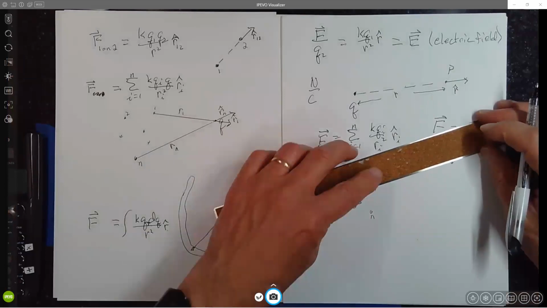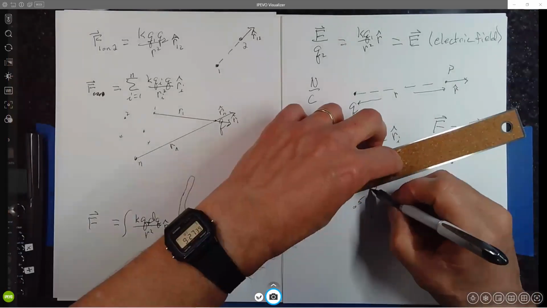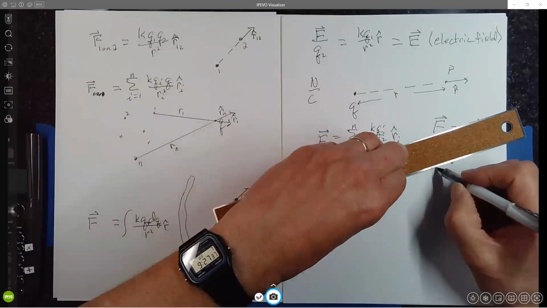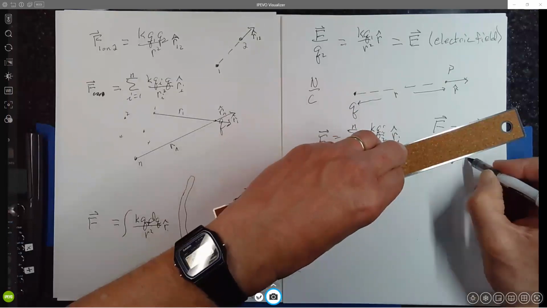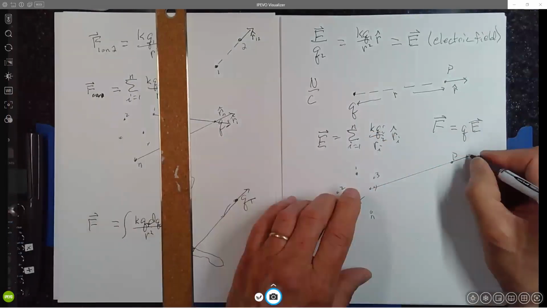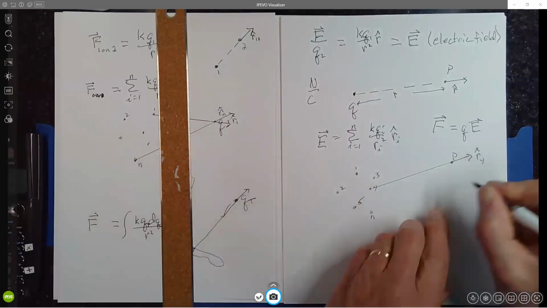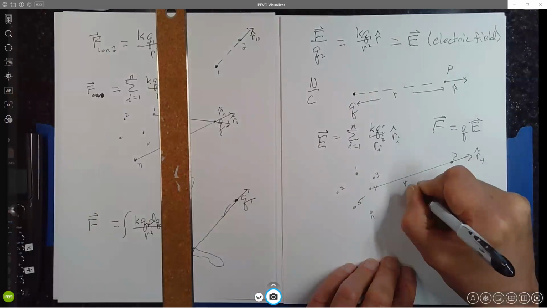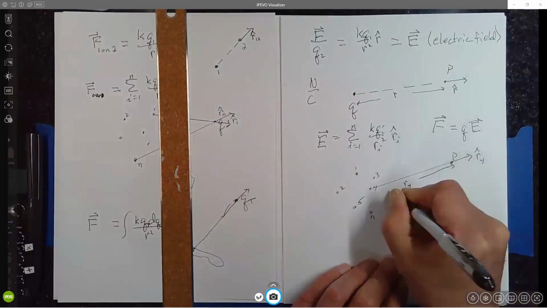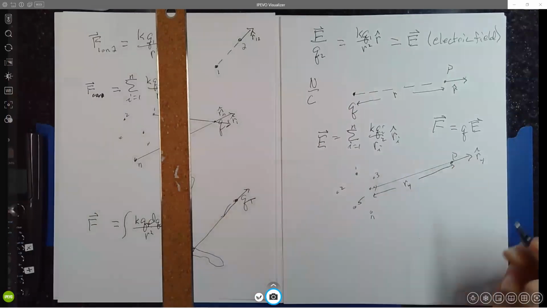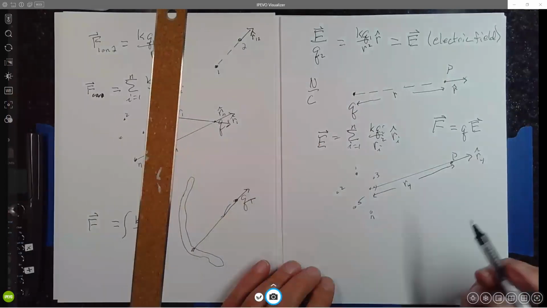I'll just draw the one for number 4 here. This would be r4 hat, and this would be r4. It'll be the distance from the field point to that fourth charge. So that's the way the electric field would work for that.